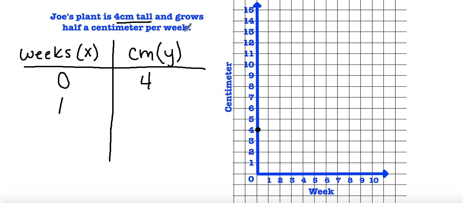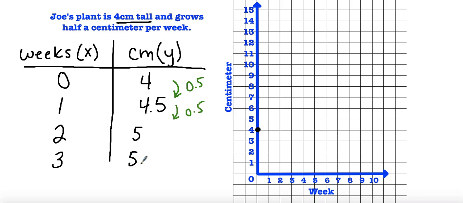After 1 week, it's going to grow half a centimeter, so 4.5. After 2 weeks, it's going to grow another half a centimeter. So if you notice here, our y keeps increasing by 0.5. Then it'll be at 5. And then after 3 weeks, 5.5, and 4 weeks, 6, and we could keep going if we wanted to.